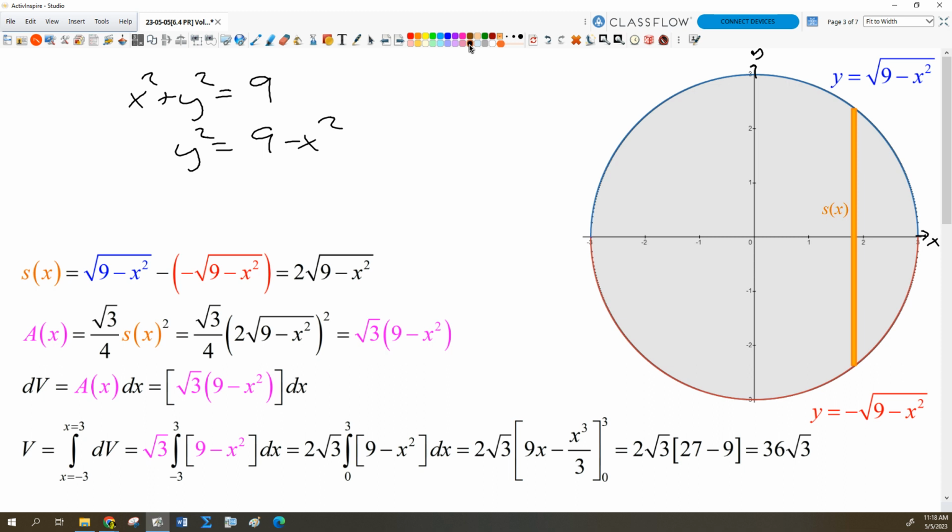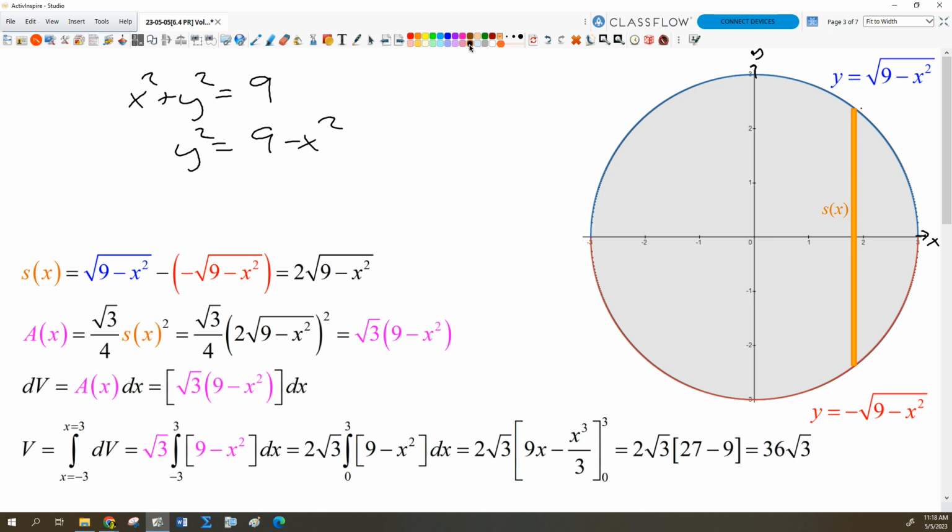So if I want to calculate the length of that cross section, what's it going to be? Yeah, right. It's just going to be 2 times the square root of 9 minus x squared, which we could get either by just doubling that, which is fine, or we could do the blue value minus the red value.